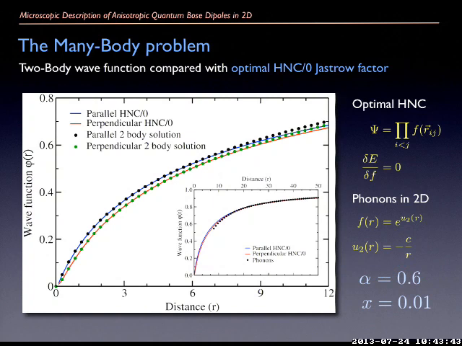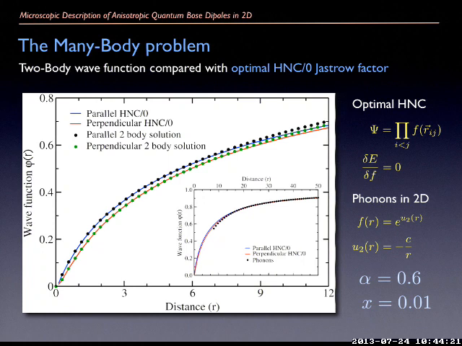In order to see if we can build a simple wave function that can be used in the Monte Carlo, what we did was to compare the solution of the two-body problem matched with some phonons at large distance with what you would get if you solve the many-body problem using the hypernetted chain equations, optimizing the correlation factor in the way that, for instance, Professor Eckhart-Kroczek is doing.